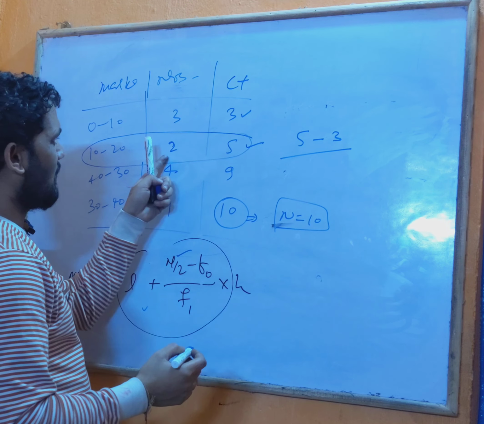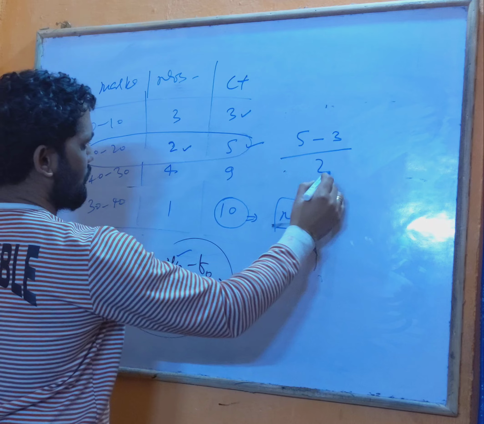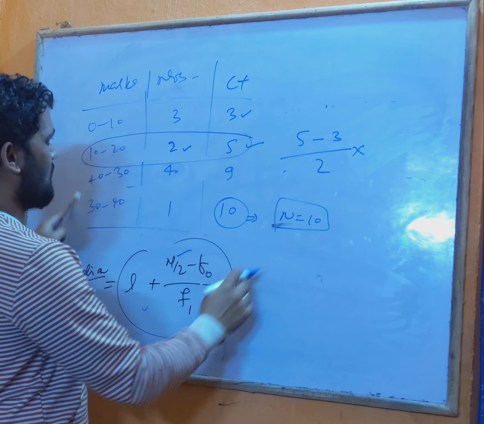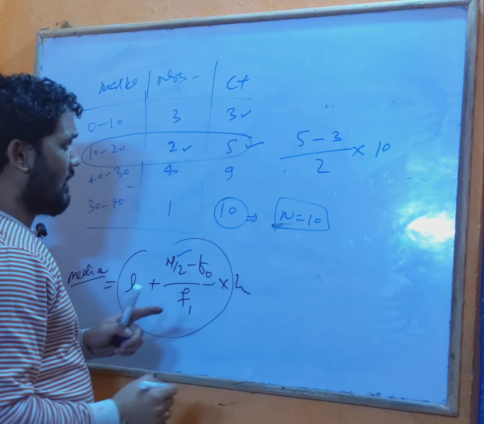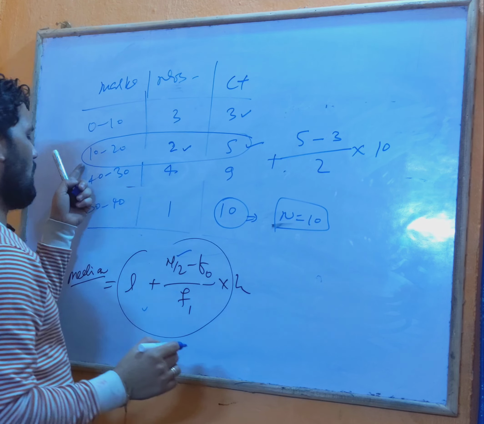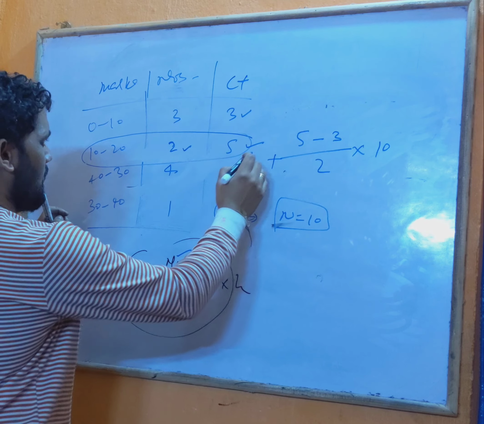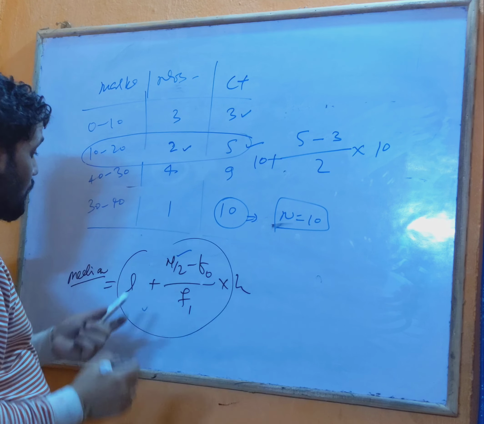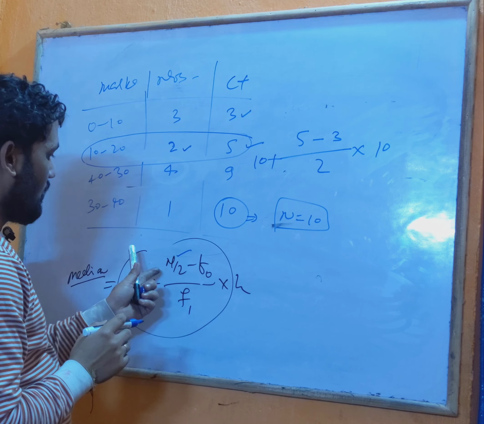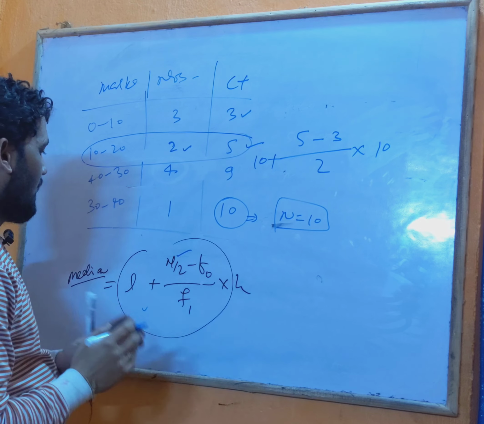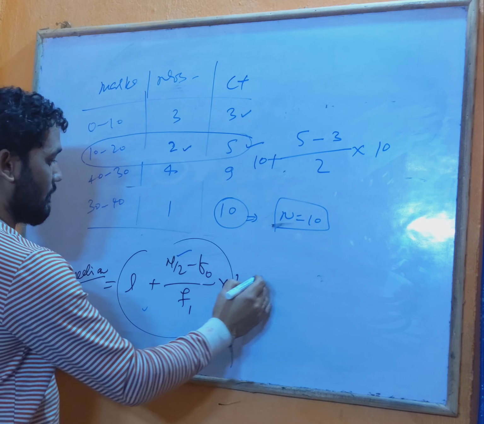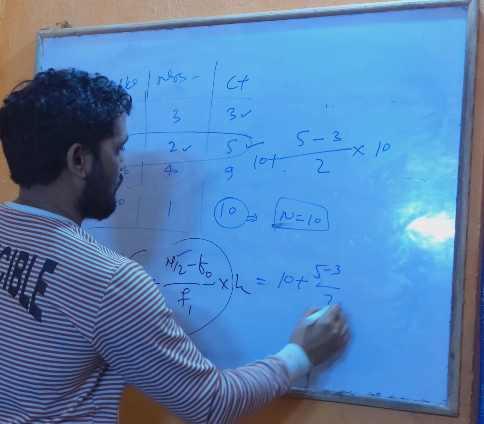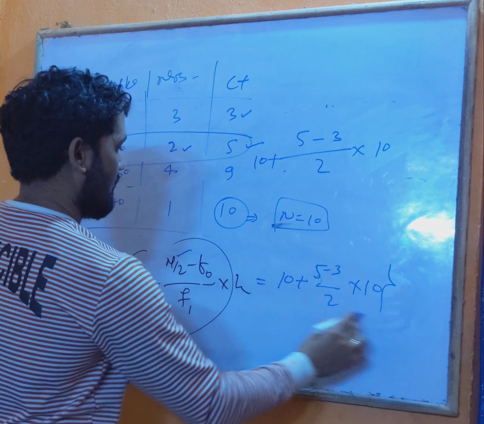The frequency of the model class is 2, the size of the class is 10, and the lower limit of the class is 10. So just putting all the values, you will get your answer: 10 plus (5 minus 3) upon 2, multiplied by 10.